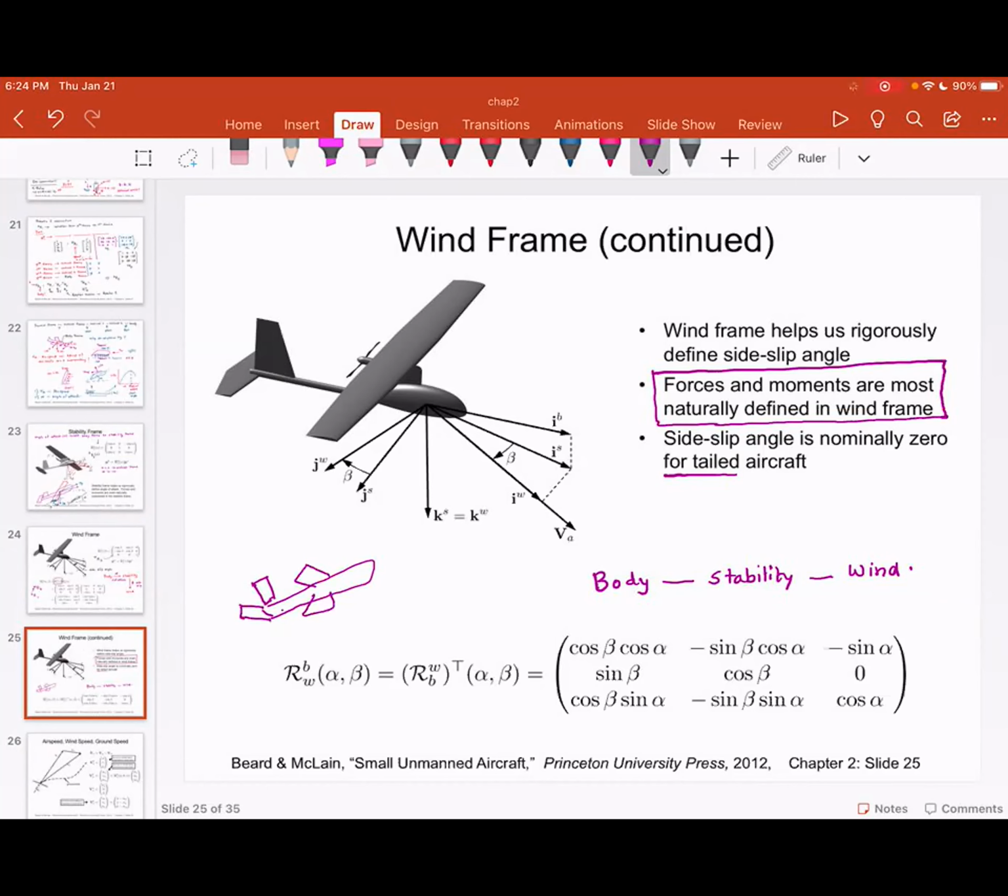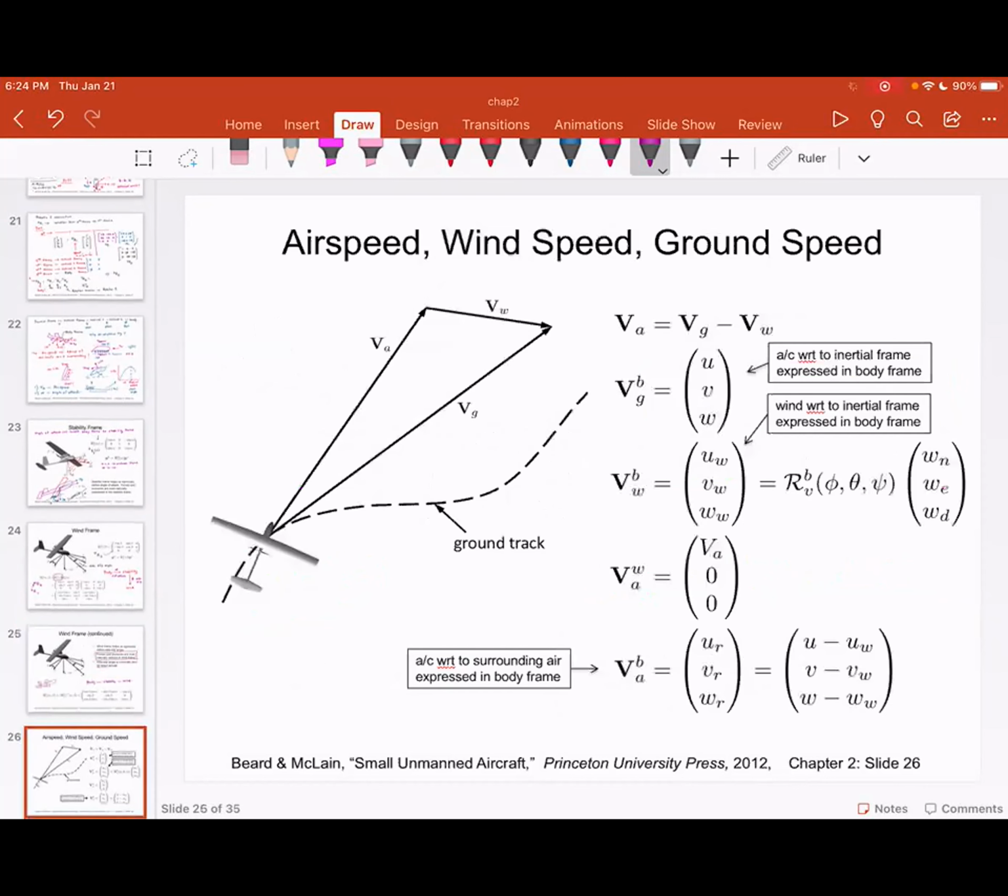Now, we want to give a very important relationship between three quantities. The first quantity is the airspeed, which is the relative speed of the aircraft with respect to the surrounding air. Dynamically, you can treat the air around the aircraft as stationary and the aircraft going forward. So you have VA, the airspeed, the velocity of the aircraft with respect to the surrounding air.